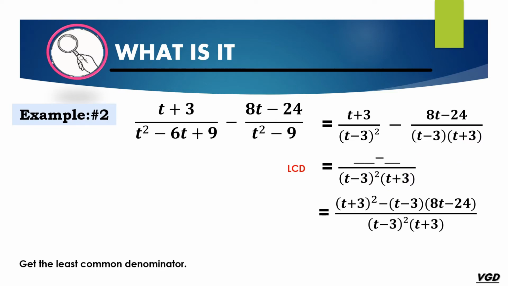So we will have this new expression: the quantity of t plus 3 squared minus the quantity of t minus 3 times the quantity of 8t minus 24 over the LCD, the quantity of t minus 3 squared times the quantity of t plus 3.